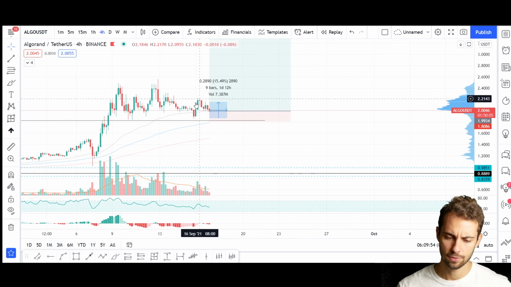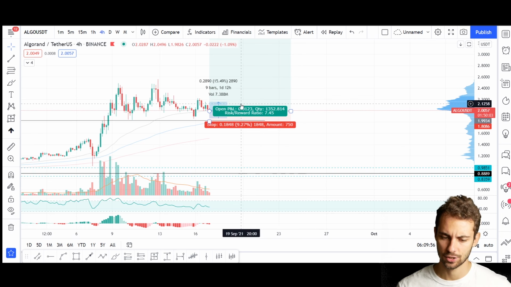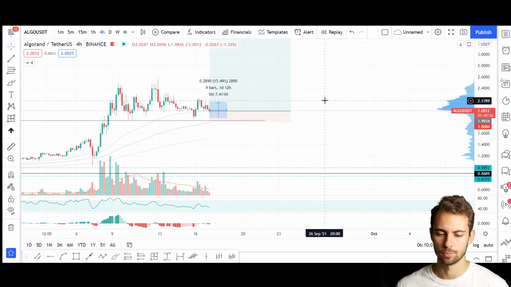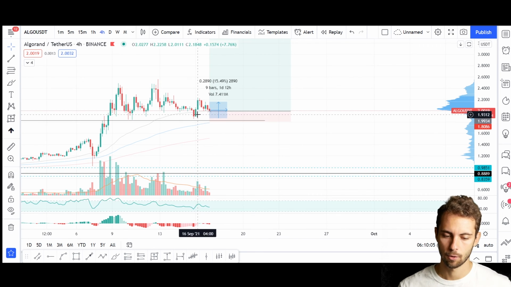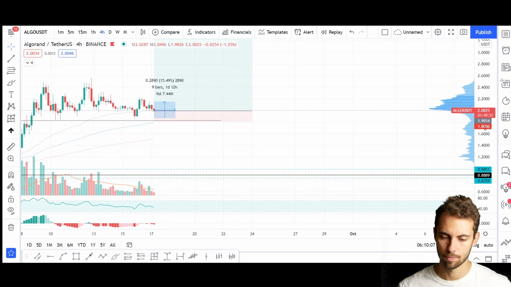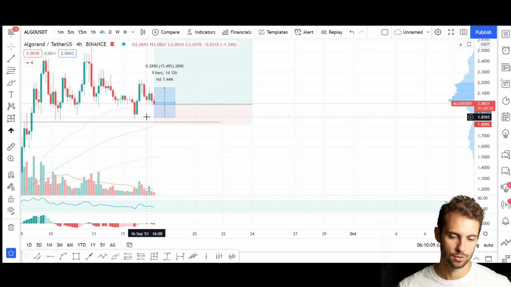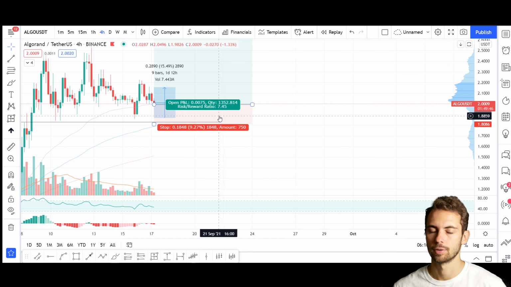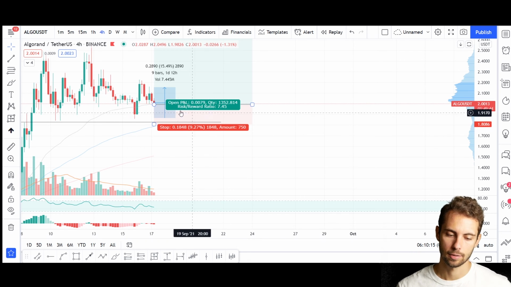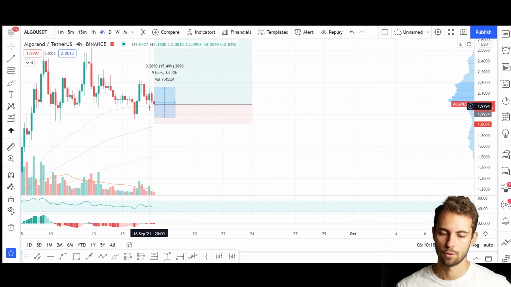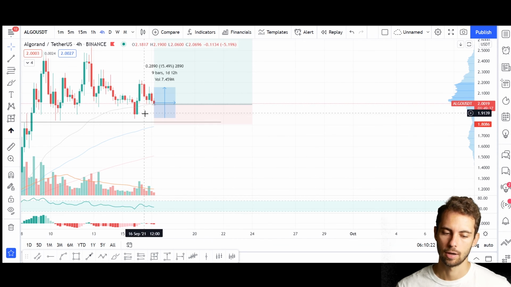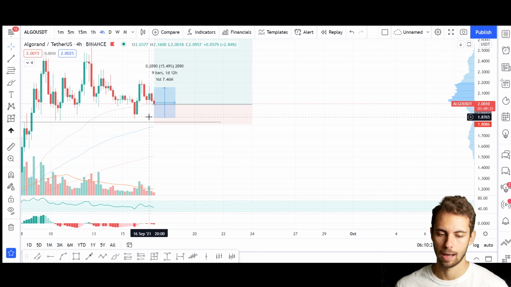If the price exceeds any of these boundaries, I wouldn't find this proposition of a trade to be valid. But right now you can even set an alarm at this support right at 1.9, and if the price approaches this area, I would bet on Algorand to the upside.